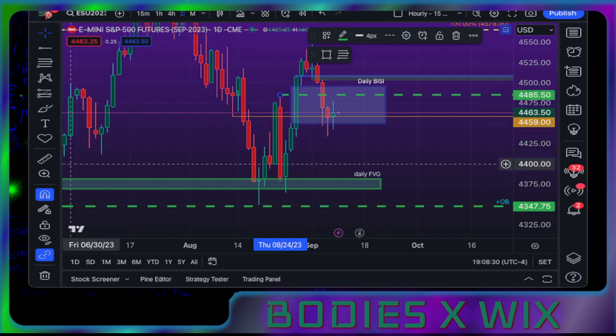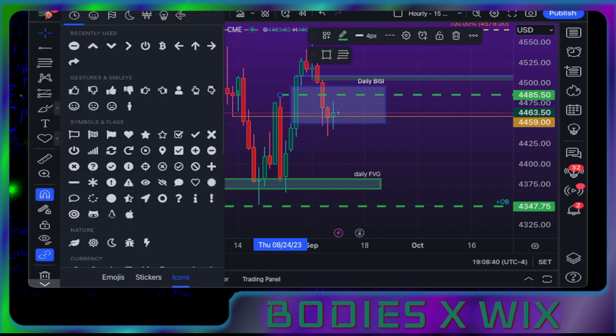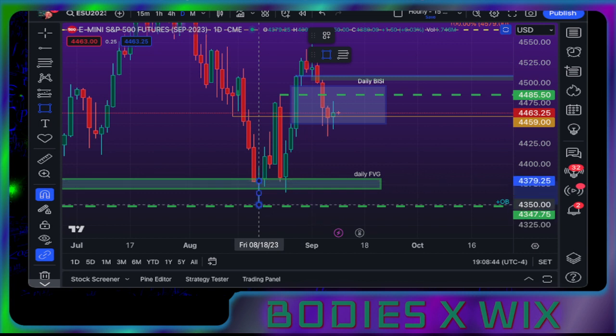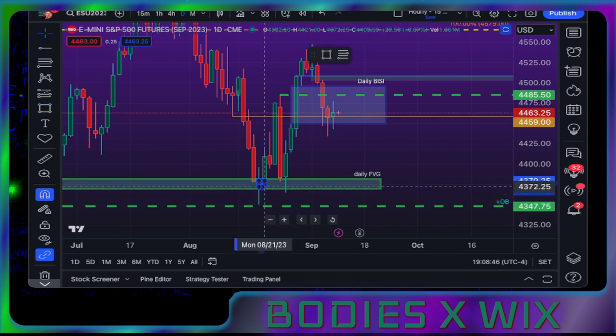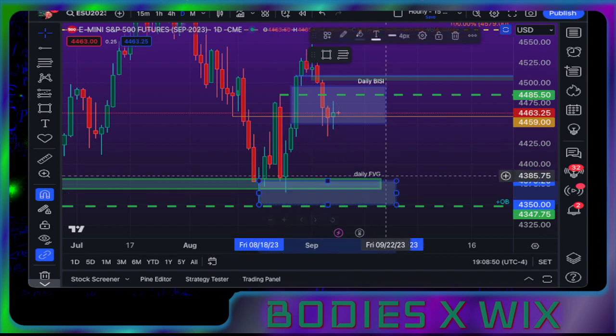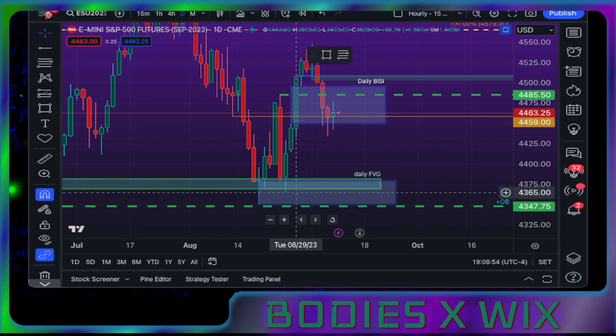So if we were to make a drawing, drawing a rectangle, let me see if I can get that wick in a box here. And you can see it hits about midway through, so it acts as consequential encroachment on this wick.